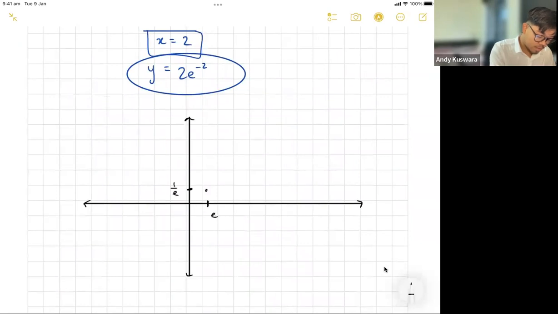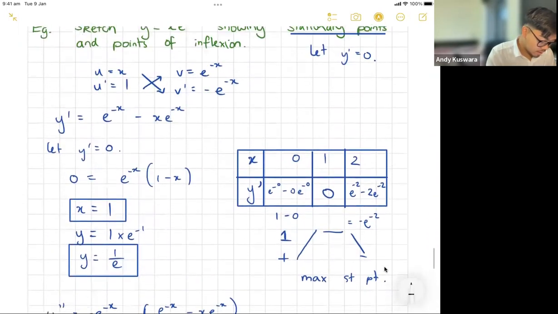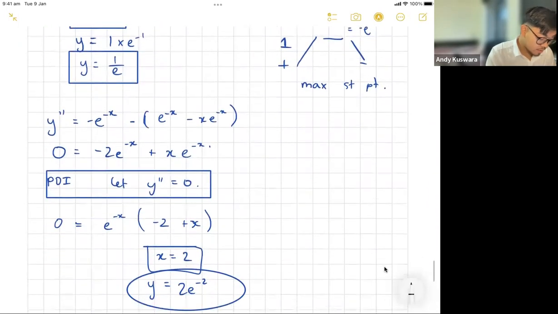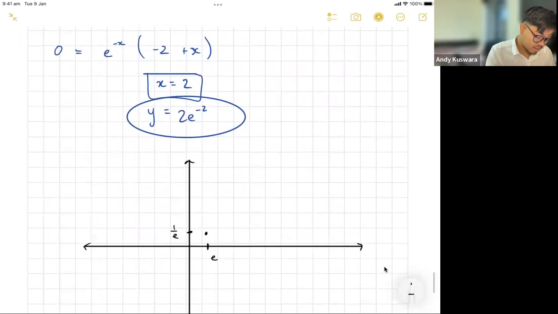So that there is going to be a max point. We also have a point of inflection at 2 and 2e to the negative 2. So we're going to have 2 and then 2e to the negative 2.